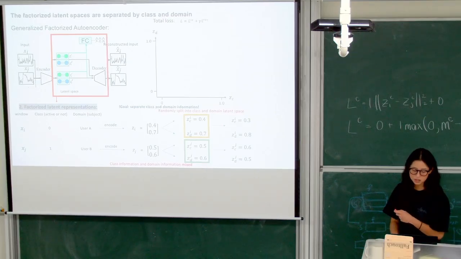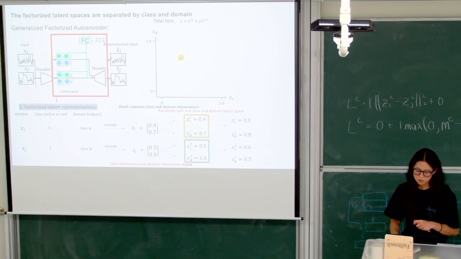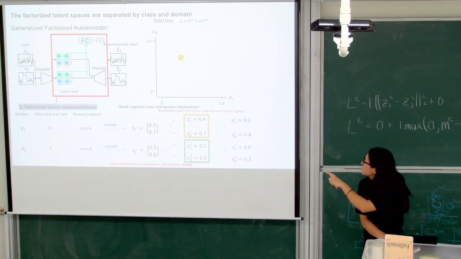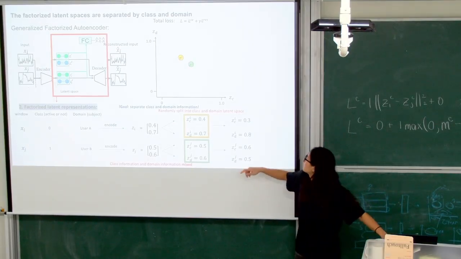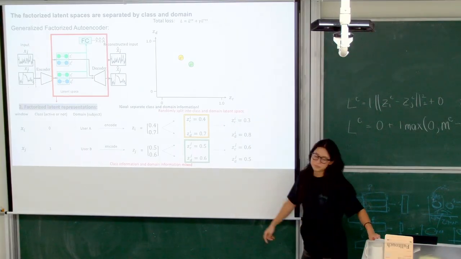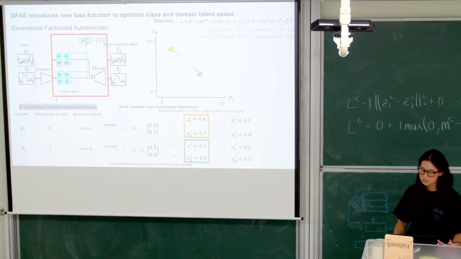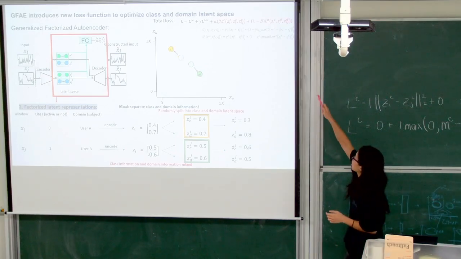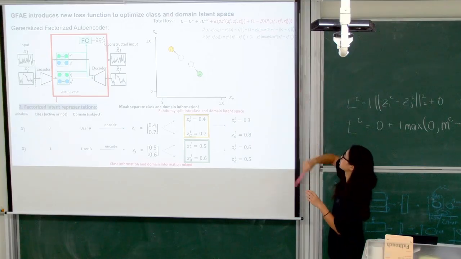If we visualize based on the ZC and ZD plane, we have our original Z_i right here, and the original Z_j. Based on the loss and the new optimization, it pushes them away like this. I also included the new total loss that they introduced.